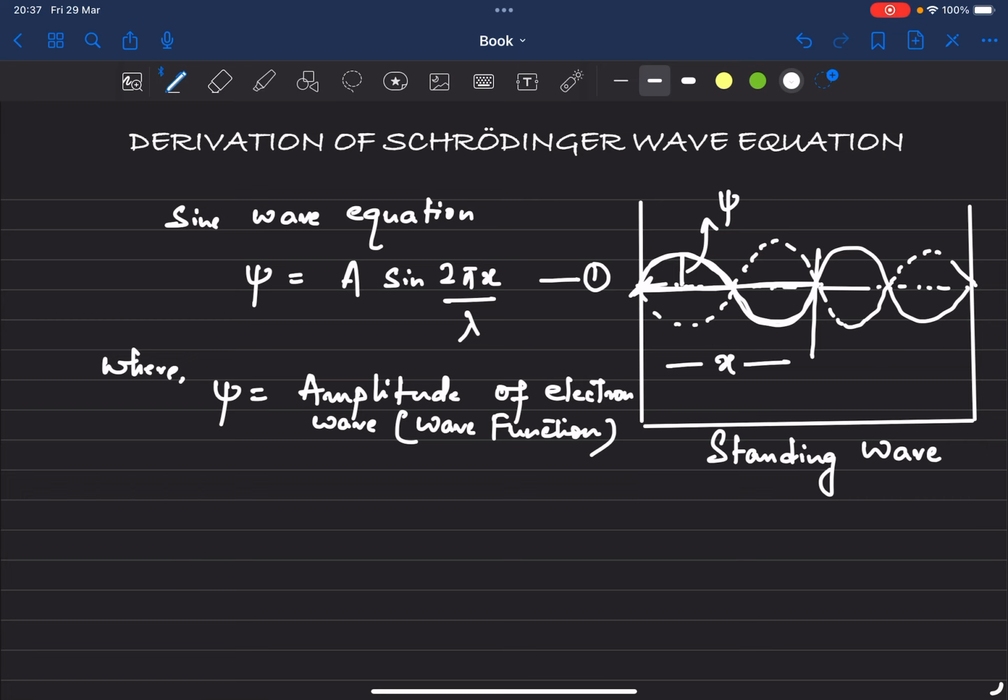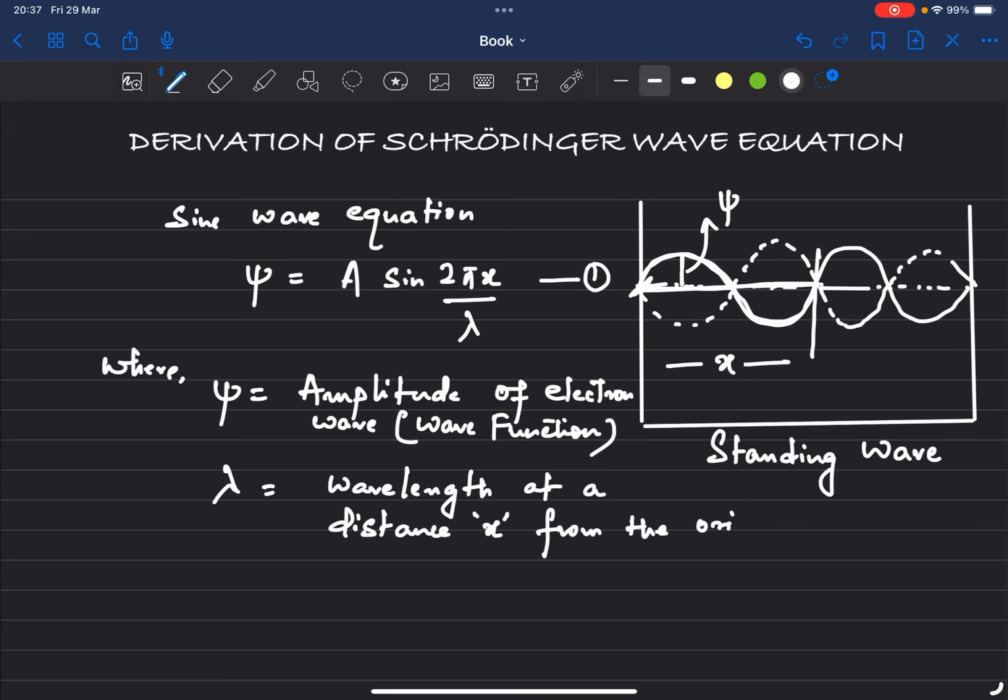Now the next term is lambda. Lambda refers to the wavelength of this wave that we are studying. Wavelength at what point? At a distance x from the origin. x we have already defined here, x from the origin.